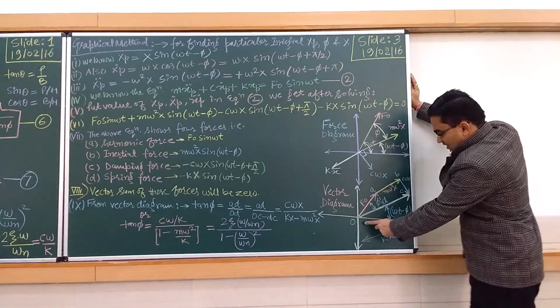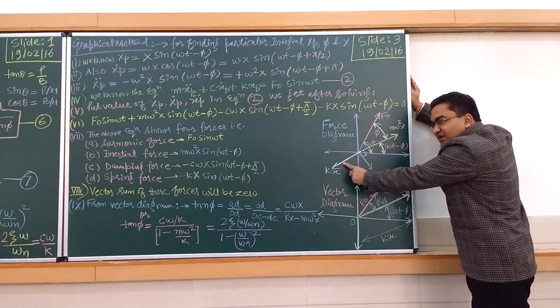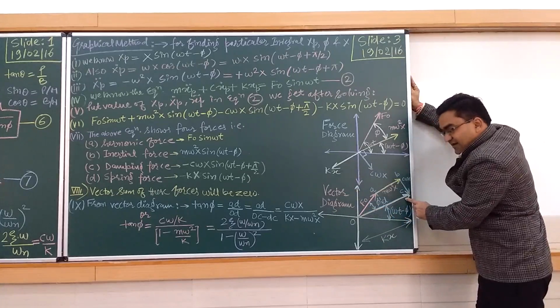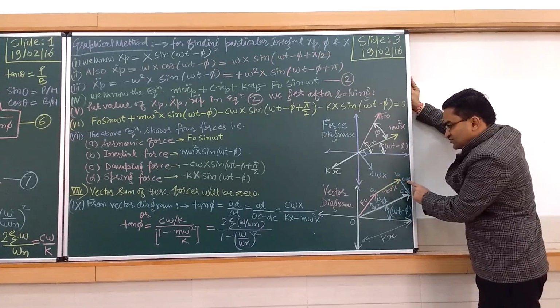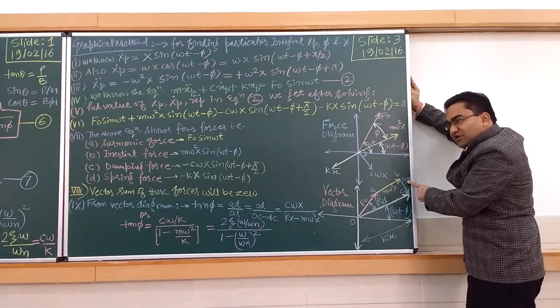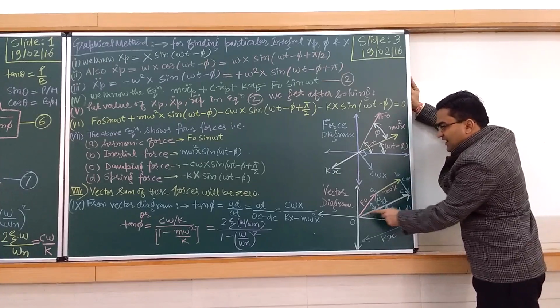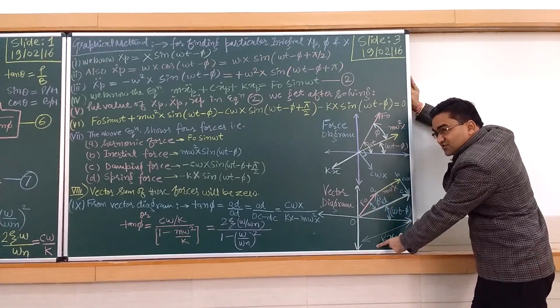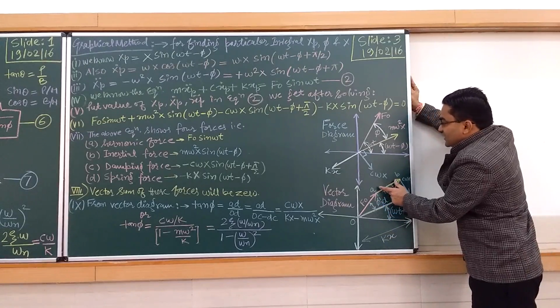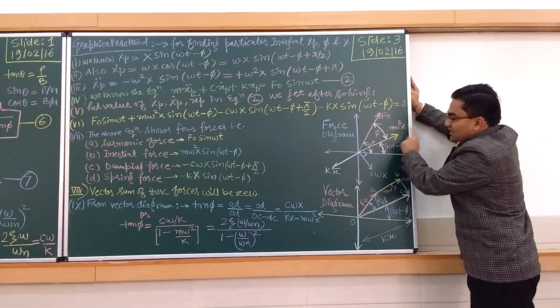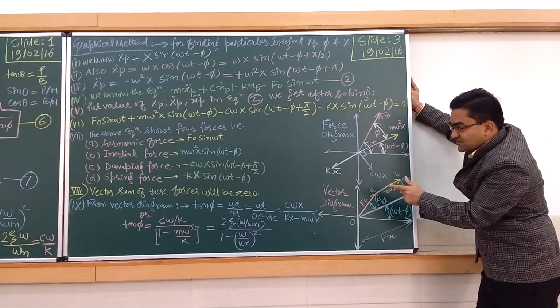This white line shows your kx. Similarly, c omega x is your damper, the damping force. The white line from here to here is your spring force. F naught is your harmonic force. The yellow line shows the inertial force.